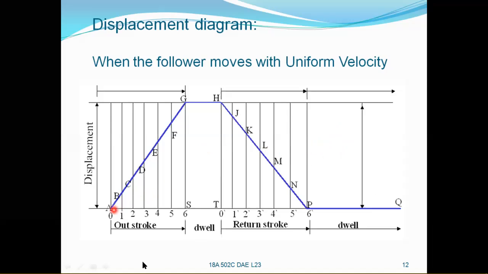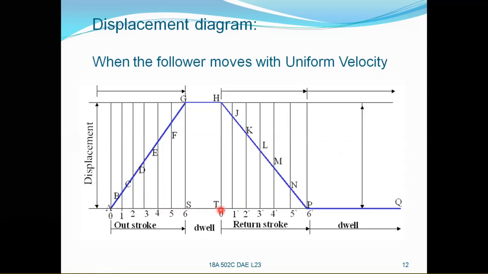So mark AQ totally as 360 degrees, and you have to take this with a suitable scale. Now in order to draw the displacement diagram, mark AS, which is equal to the outstroke or rise of the follower, with a suitable scale.